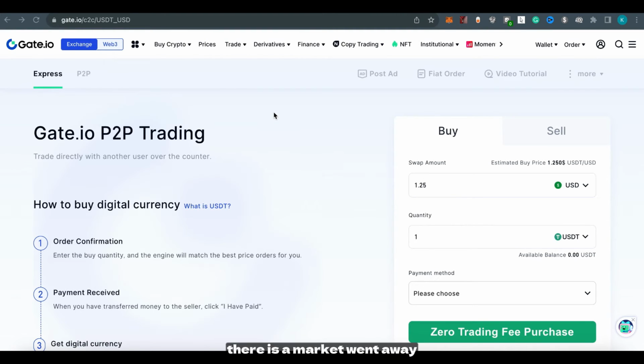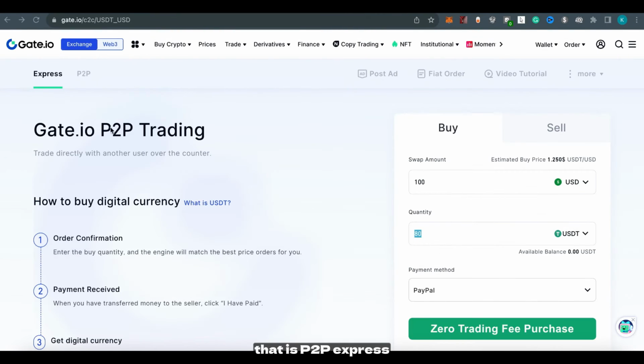So in other words, there is a market where there are USDT sellers and USDT buyers. It's possible to trade between them. And Gate.io is just an escrow service. That is P2P Express. With this method, it's quite easy. You just need to enter the amount of USD you are able or wish to spend.